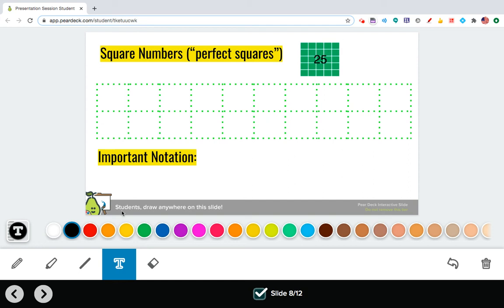Now, what's my smallest perfect square? Okay, well, that would be the number 1, because it's 1 squared. What about 2 squared? Well, that would have area 4. A square that's 3 by 3 would have area 9. 4 by 4, 16. 5 by 5 has 25. And you know these. 7 times 7 is 49.